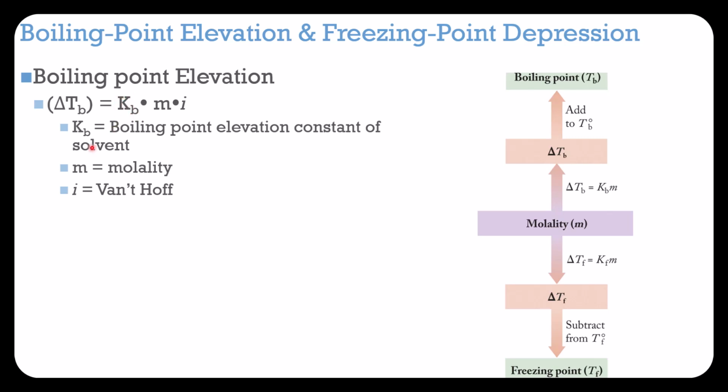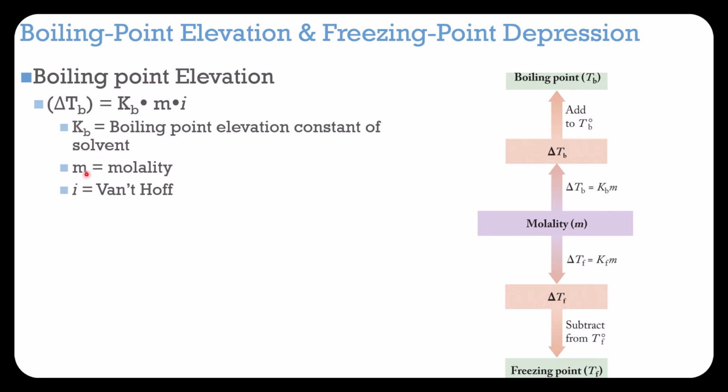The first variable is a boiling point elevation constant for that particular solvent. Water will have one sort of constant, ethanol would have another constant. So this is for our given solvent.